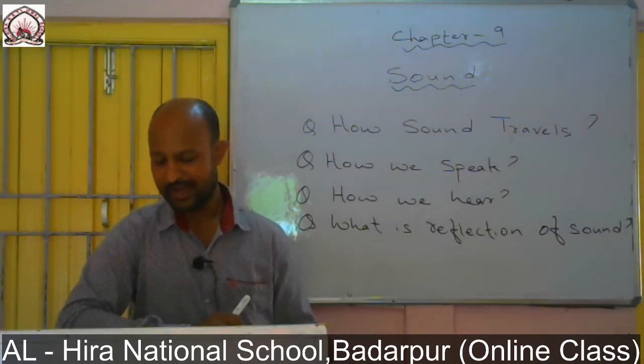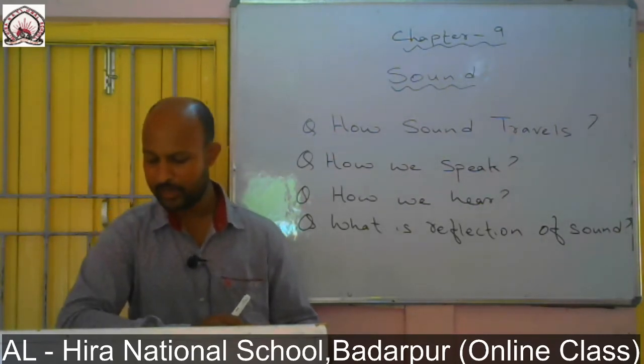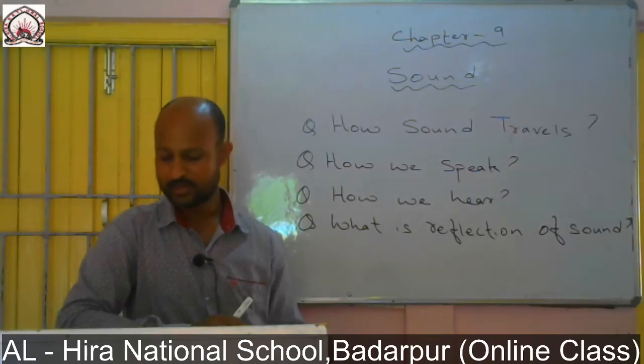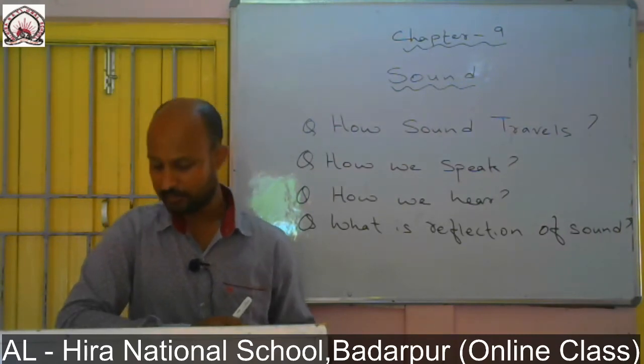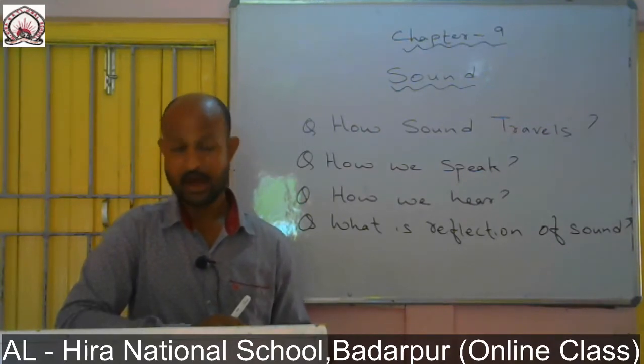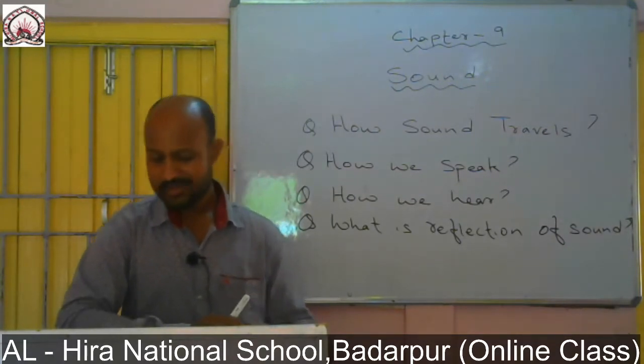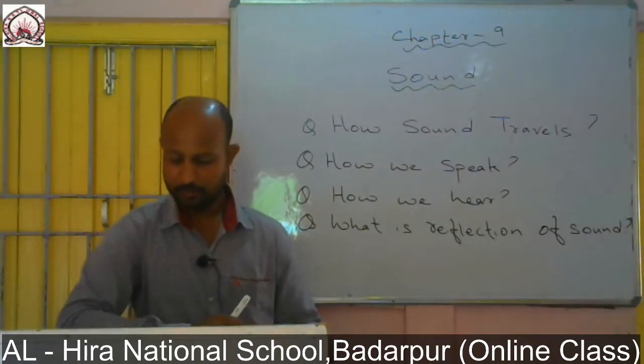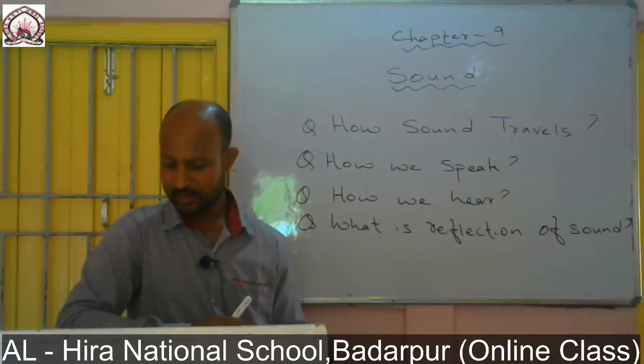The vibrations of any sound-producing body are transmitted to our ears by the vibrating molecules of the air. These vibrations first reach our outer ear. The outer ear consists of the pinna, the ear canal and the eardrum.